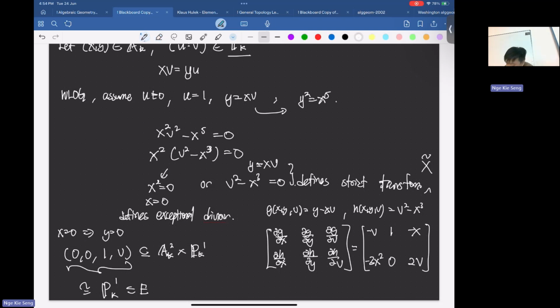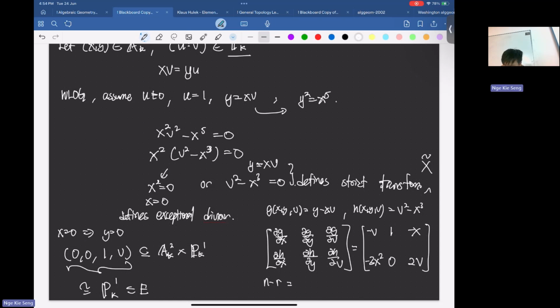Now we need to calculate n minus r. What is our n? Our n is the dimension of the space that we need to deal with. Now in this case, our space is inside A^2 times P^1.